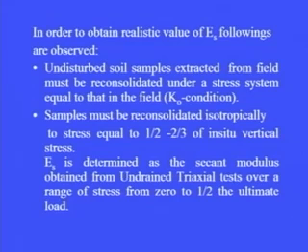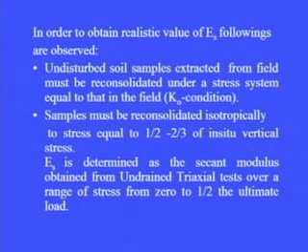In order to obtain a realistic value of Es, the following are observed. Undisturbed soil samples extracted from the field must be reconsolidated under a stress system equal to that in the field, so that we can simulate K0 condition.